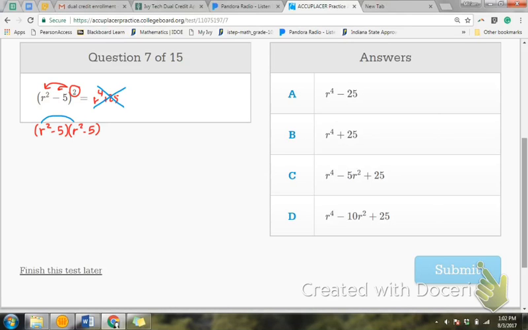So r squared times r squared makes r to the 4th. Then minus 5r squared, and minus 5 times r squared. And then negative times a negative is a positive. Are these two going to cancel each other out? No. Negative 5 and negative 5 make negative 10r squared. So r to the 4th minus 10r squared plus 25. That should be the correct answer.